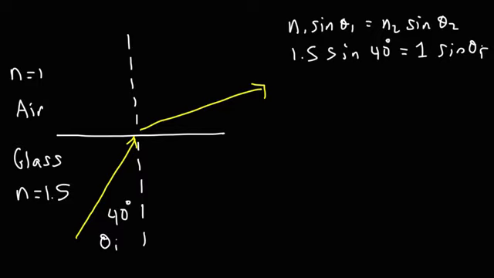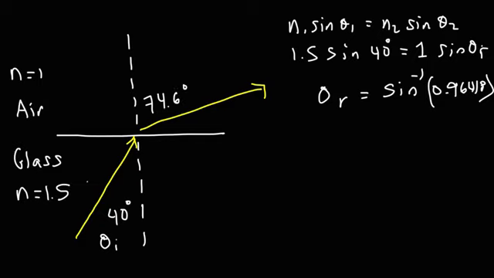So 1.5 times sin 40 is 0.96418. So the refracted angle is going to equal arcsin of 0.96418. So the refracted angle is 74.6 degrees.